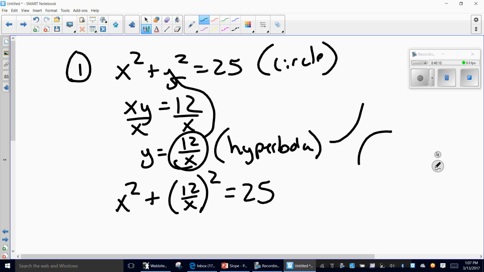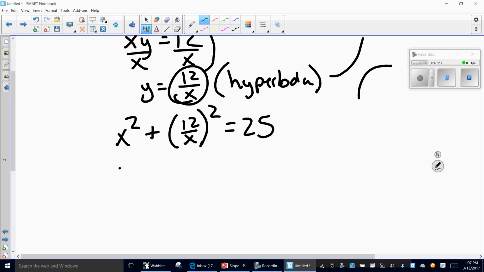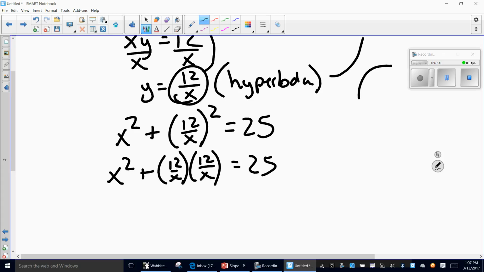I can square both because it's a monomial. Again, if you can't remember that, write it twice. So 12 over x times 12 over x. So 12 times 12 is 144, and x times x is x squared.